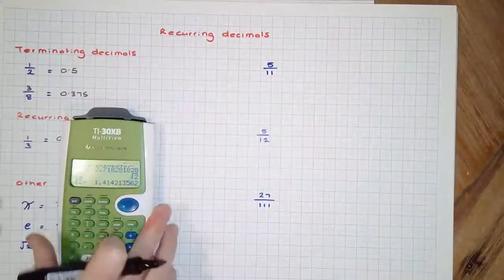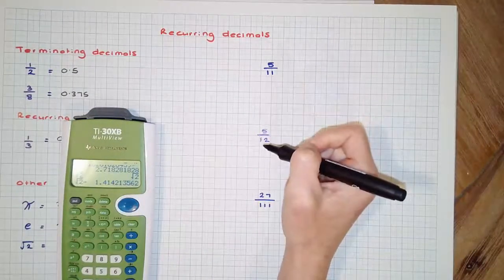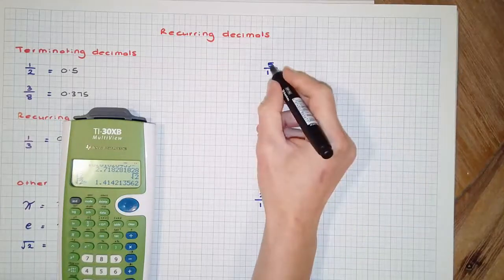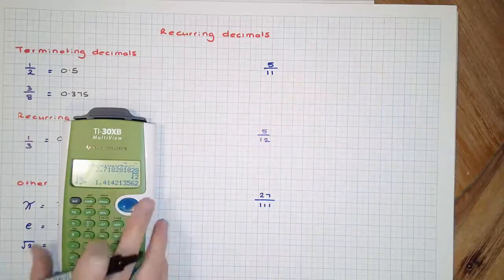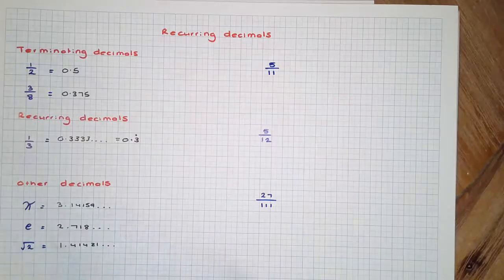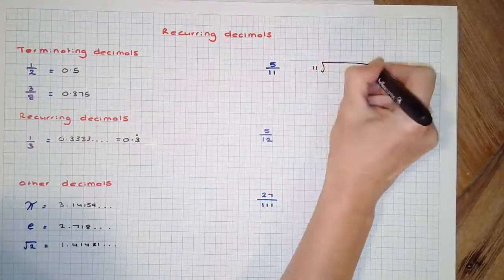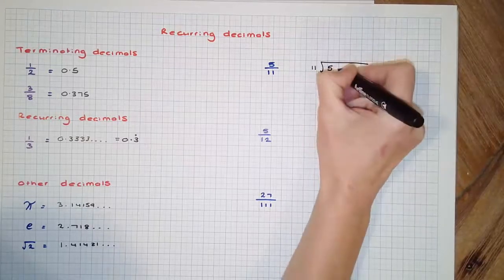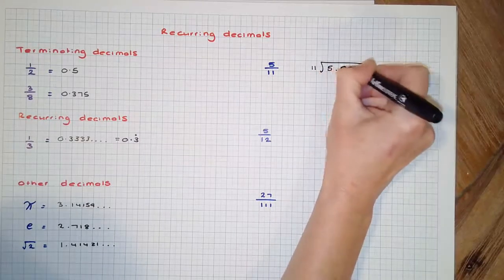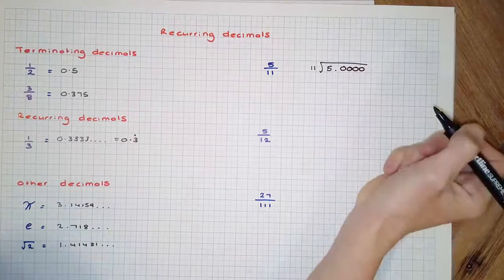So we'll go through 3 examples of looking at recurring decimals using short division. Here, 5/11ths. So putting our calculator away, we have 11 into 5. I'm going to put a decimal point and just add some zeros. I'm not sure how many I'm going to need yet.